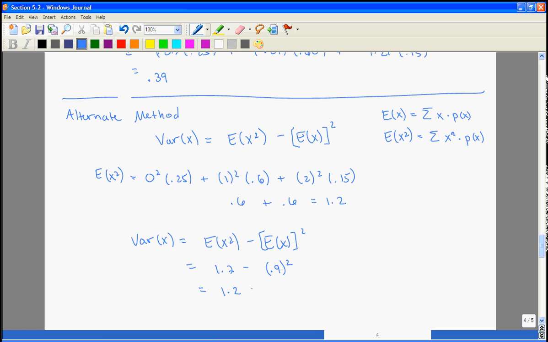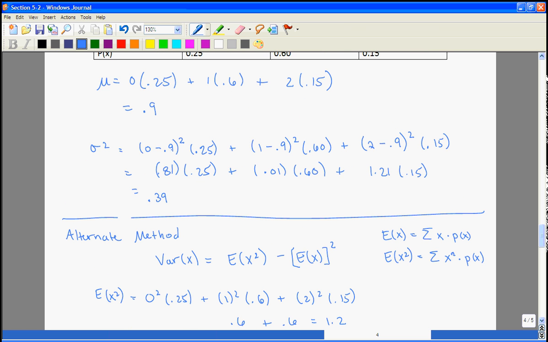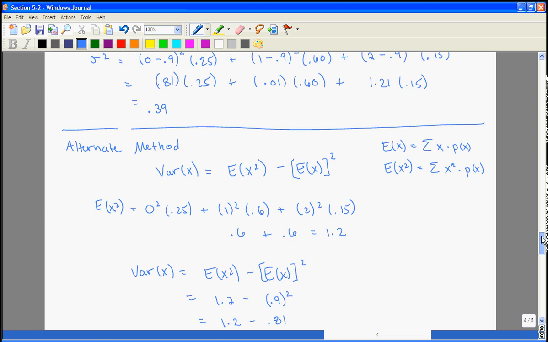So 1.2 minus 0.81 comes out to 0.39, just as we got above. For me, it's easier to square integers, the 0, 1, 2, and multiply by the probability and work it out from there, than taking all these differences, having to square those, and then multiply by the probabilities. But it's up to you. You just might find that the alternate method is a little easier to calculate.